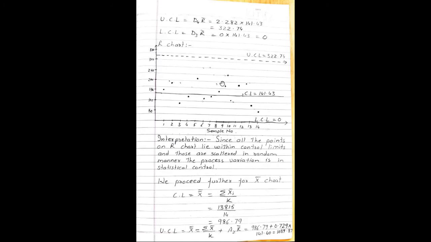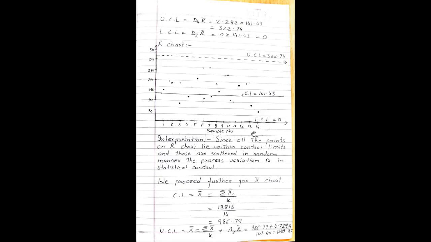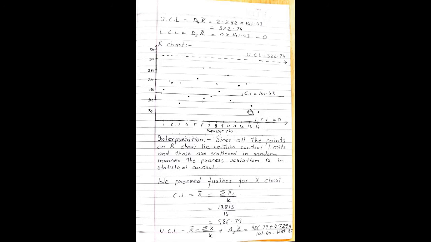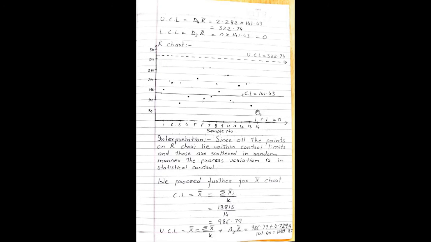This is your 240. After 240, the next value is 105 and 165. So this is nothing but your 165. And last values are 75 and 60.